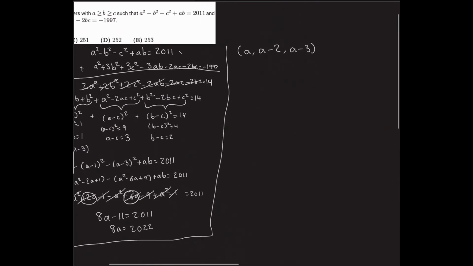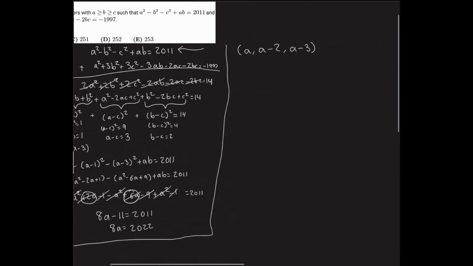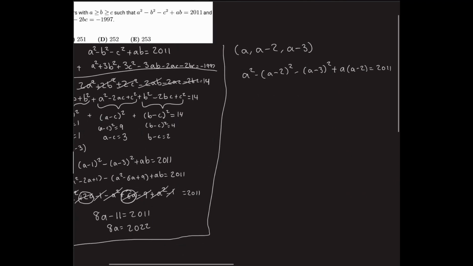And so once again, I'm going to use this equation right here, and I'm going to get a squared minus a minus 2 squared minus a minus 3 squared plus a times a minus 2 is equal to 2011.